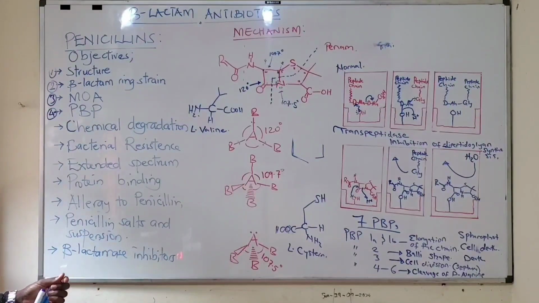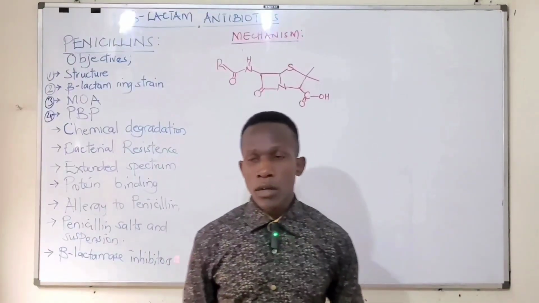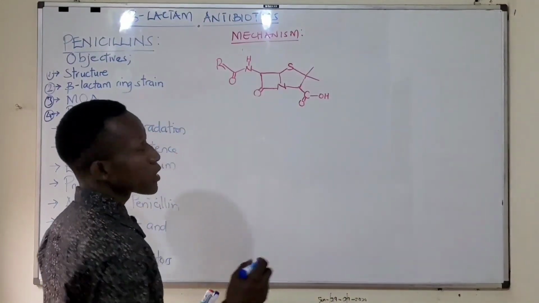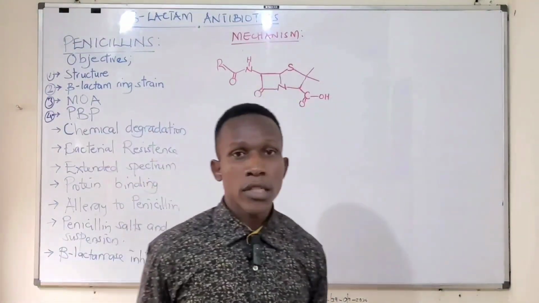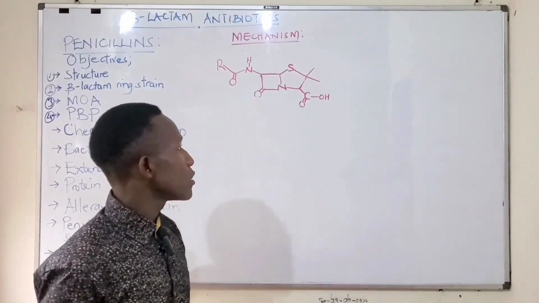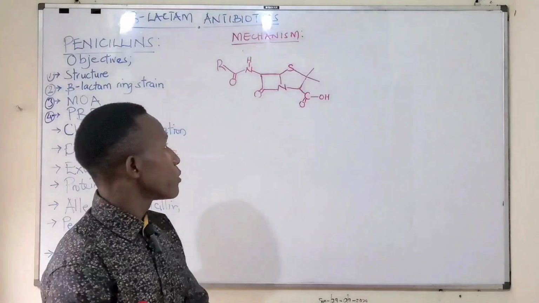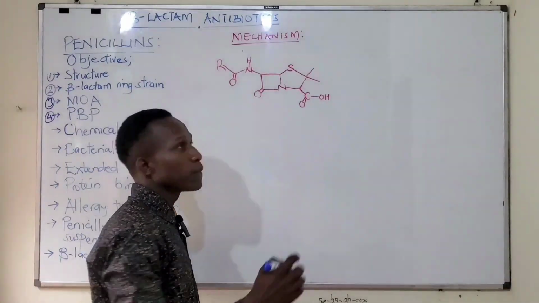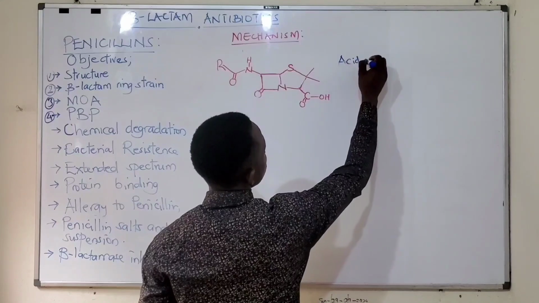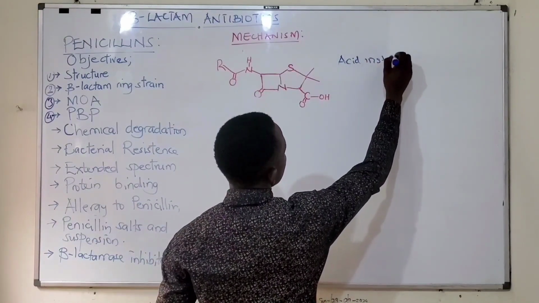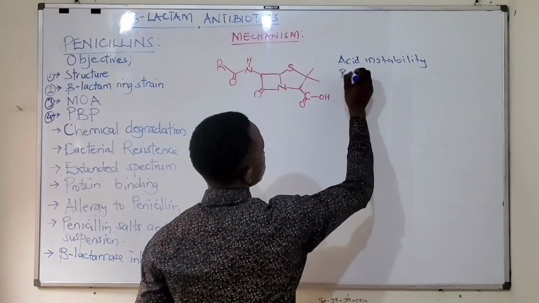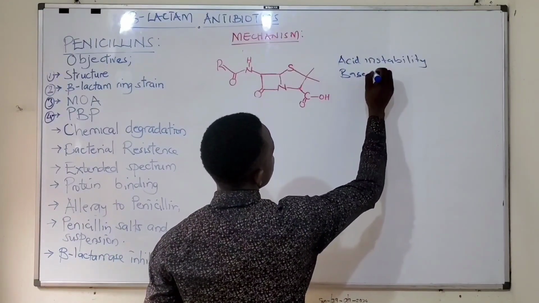So let's talk about chemical degradation. These penicillins are unstable in acidic pH and they are unstable in very high basic pH. So they are stable at neutral pH. So we shall have acid instability and base instability.